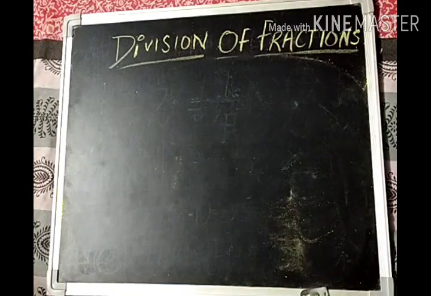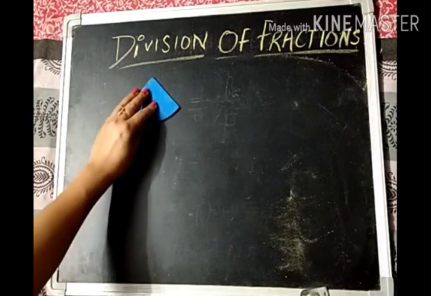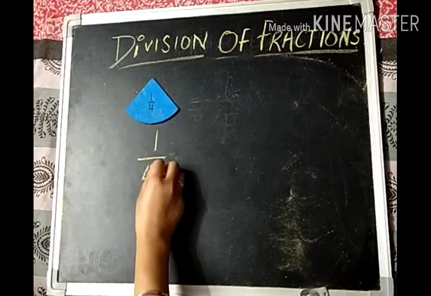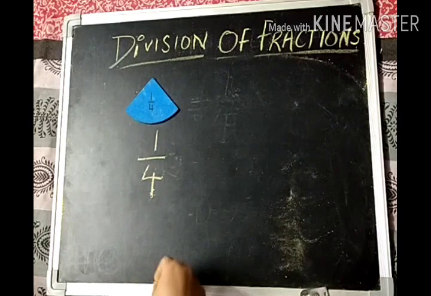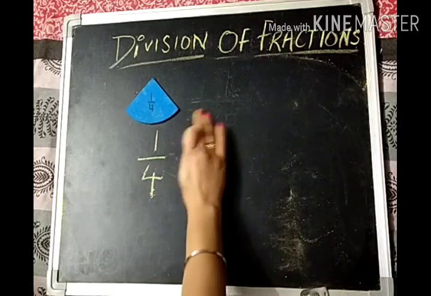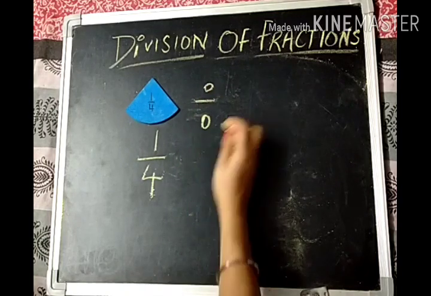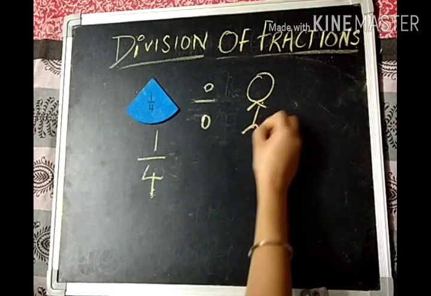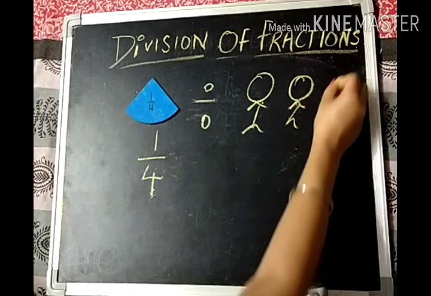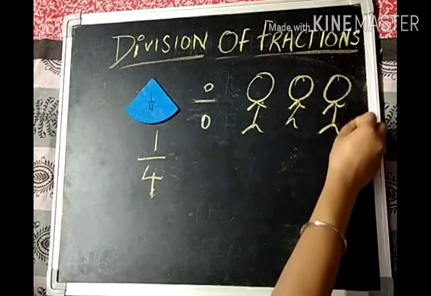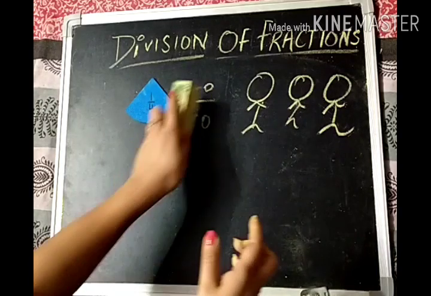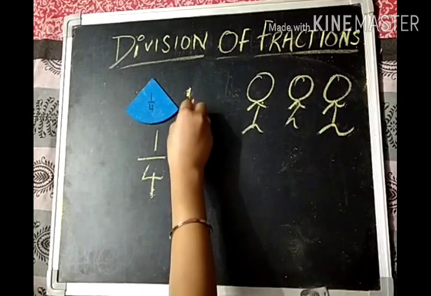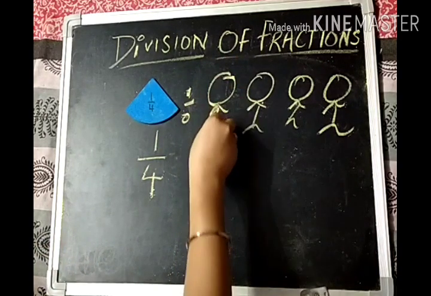Now what if I have 1/4 and I have to divide this 1/4 into 4 equal pieces, 1, 2, 3, 4?